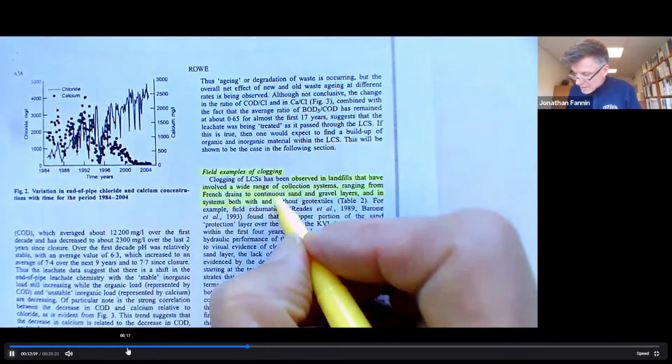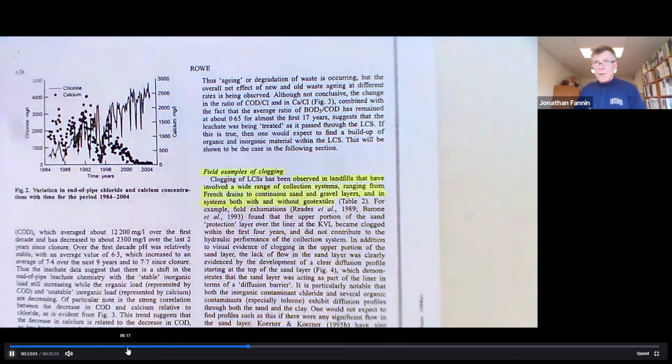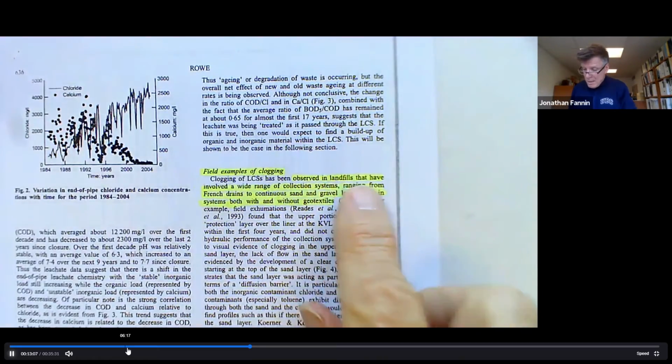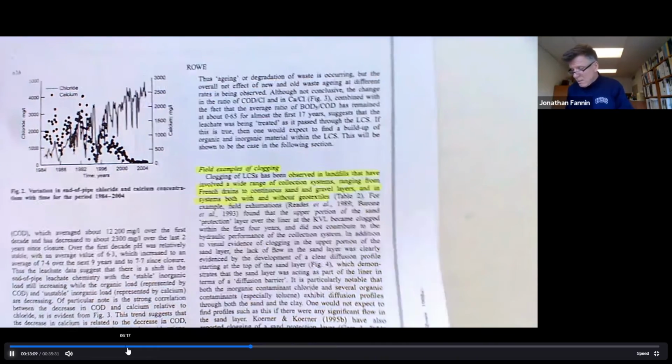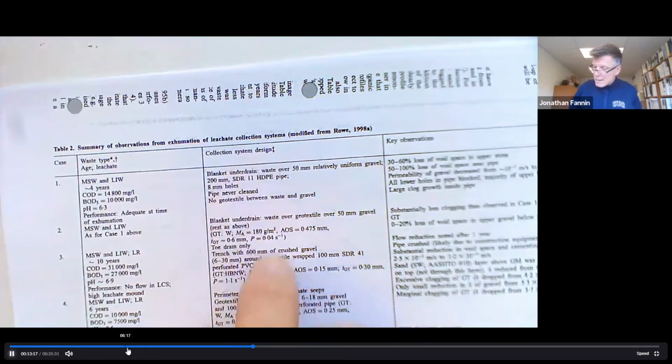That would be a geotextile between the drain and the waste, the overlying waste, and he cites a whole bunch of case studies going through this table too, and speaks to the collection system and observations from it.